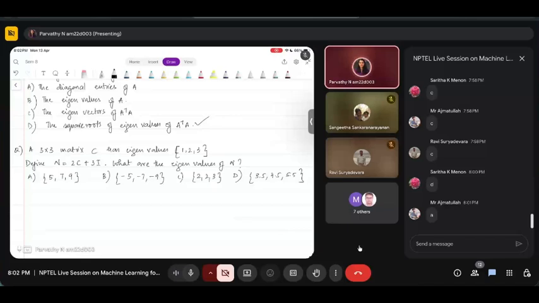So there's a 3 by 3 matrix C and the eigenvalues are 1, 2, 3. N is 2C plus 3I. Then what is the eigenvalue of N? Give 1 second to do this.